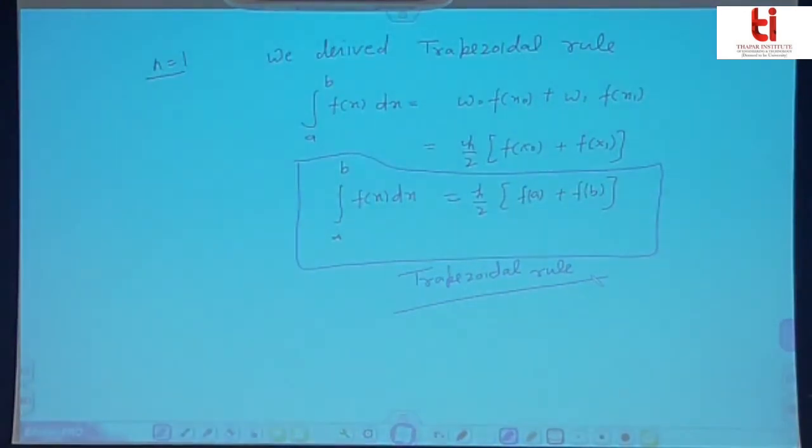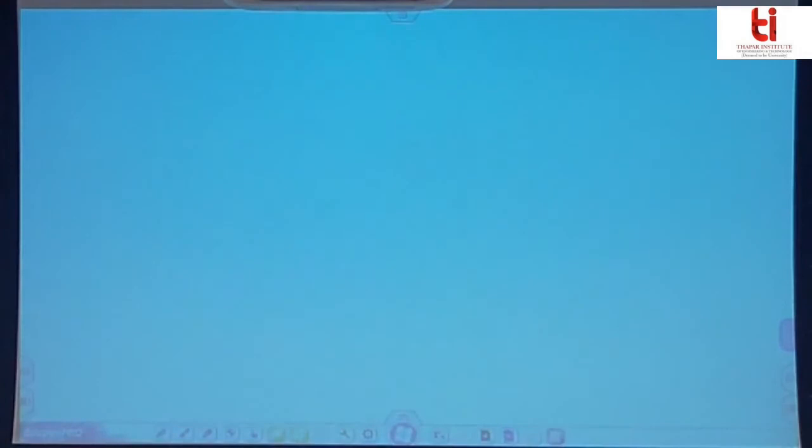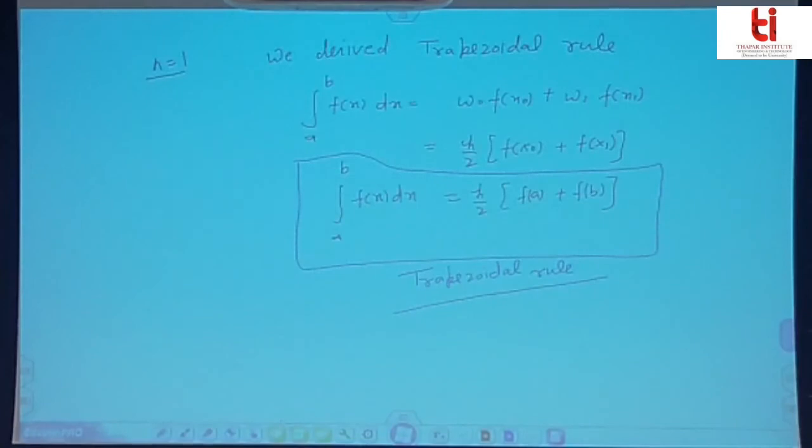Next, we will take n equal to 2. But one more thing about the trapezoidal rule from the previous lecture: here we are approximating the area under the function by a straight line. If A is this point and B is this point, the area enclosed between A and B is approximated by a straight line. n equal to 1 means we are taking only 2 points, x0 and x1.